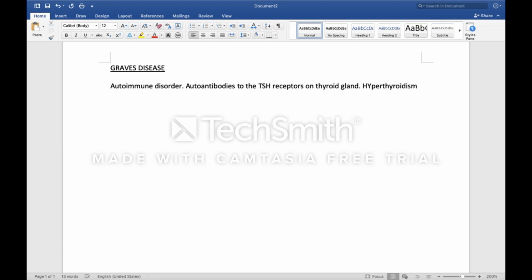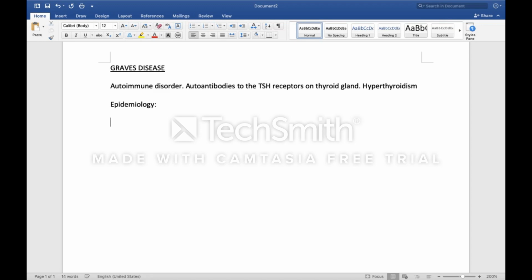Simply, Graves' disease can be defined as an autoimmune disorder characterized by autoantibodies to the TSH receptors of the thyroid gland, which ultimately leads to hyperthyroidism. What is the importance of this condition, or what is its epidemiology?